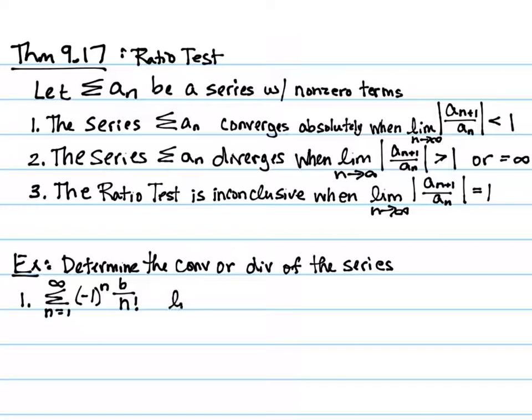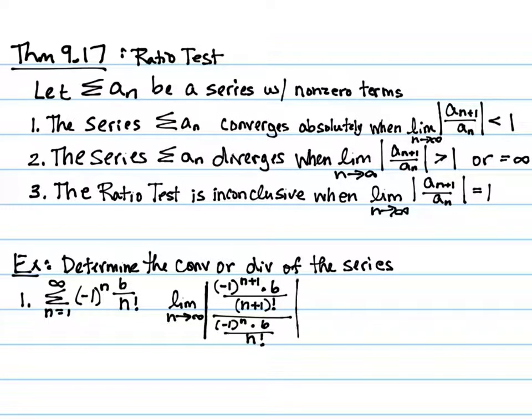Our goal is to take the limit as n goes to infinity of the absolute value of negative 1 to the n plus 1 times 6 over n plus 1 factorial, over negative 1 to the n times 6 over n factorial. If we're really going to write it all out, that's what it would look like. But there's one piece in particular that's really not necessary to write.